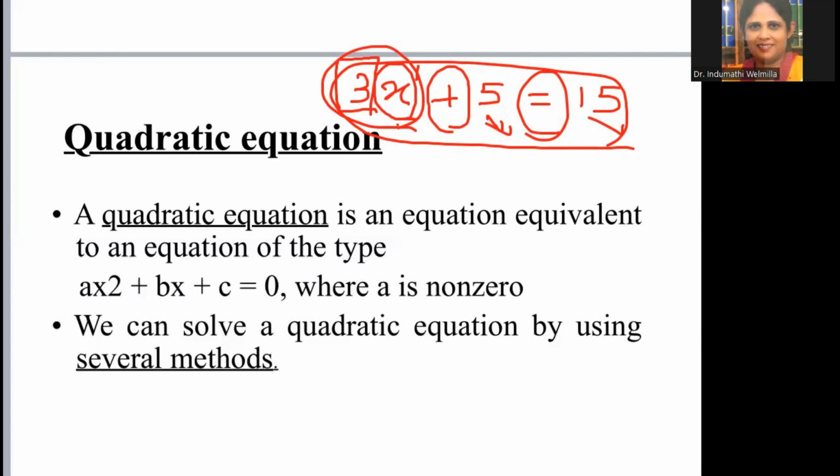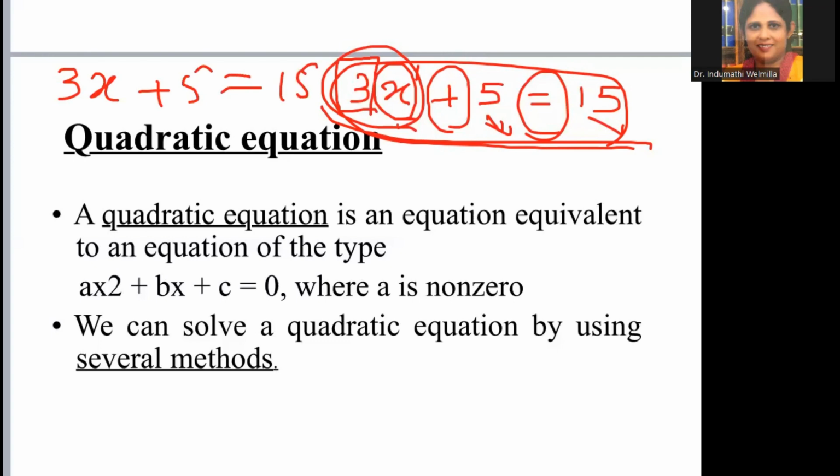Further, we can classify linear equations into linear equations in 1 variable, linear equations in 2 variables, likewise. So this is the linear equation, 3x plus 5 equals 15.